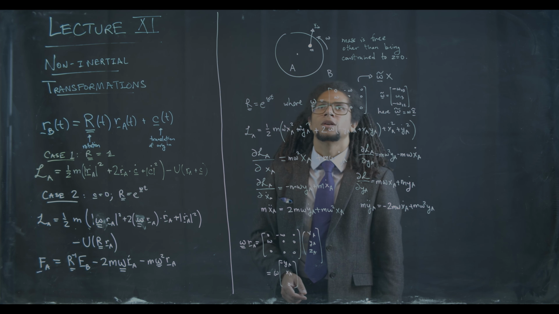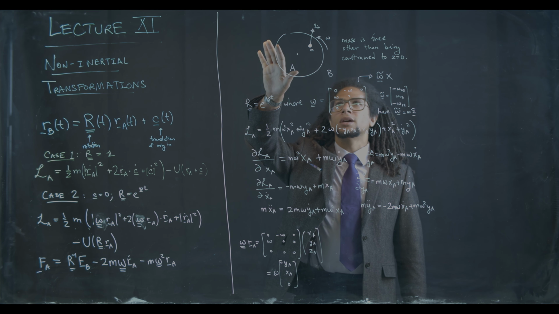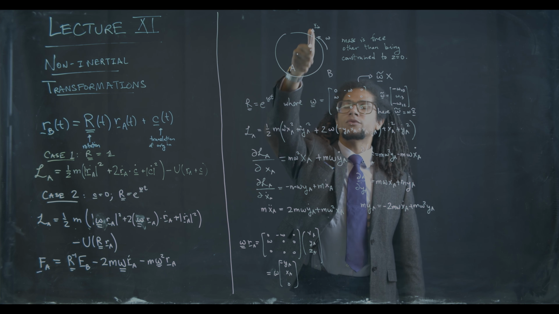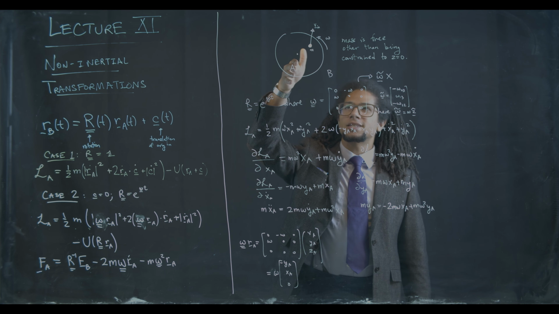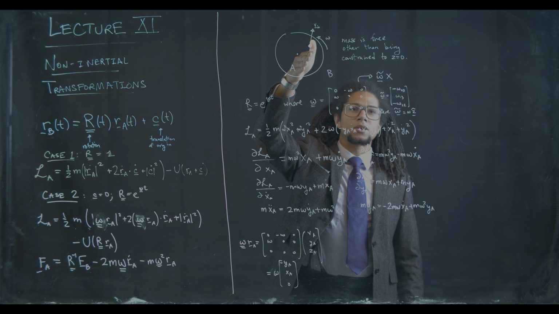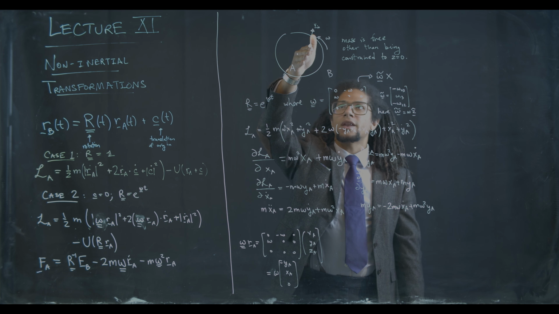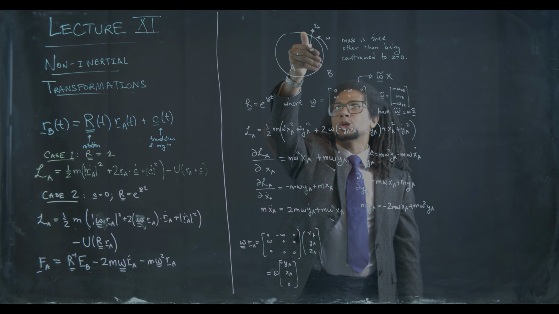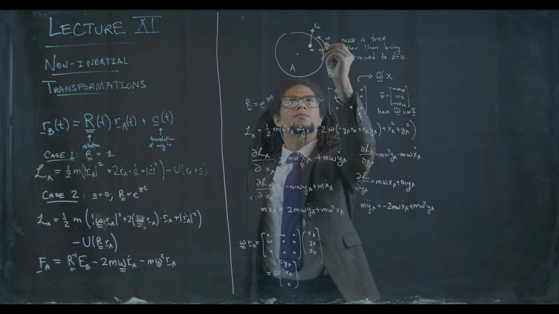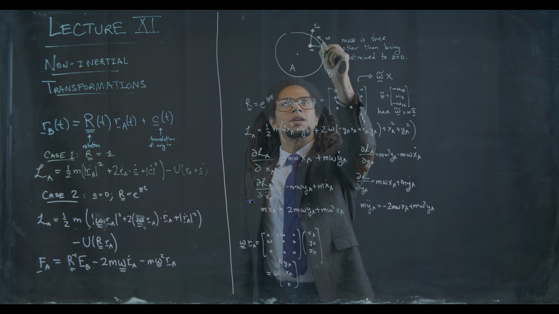To use the right-hand rule, my first finger goes in the direction of the velocity, then the second set of fingers goes in the direction of the omega tilde vector, which is out of the board here. And then I curl it to find the direction of the Coriolis force. So the Coriolis force, in this case, points in this direction.